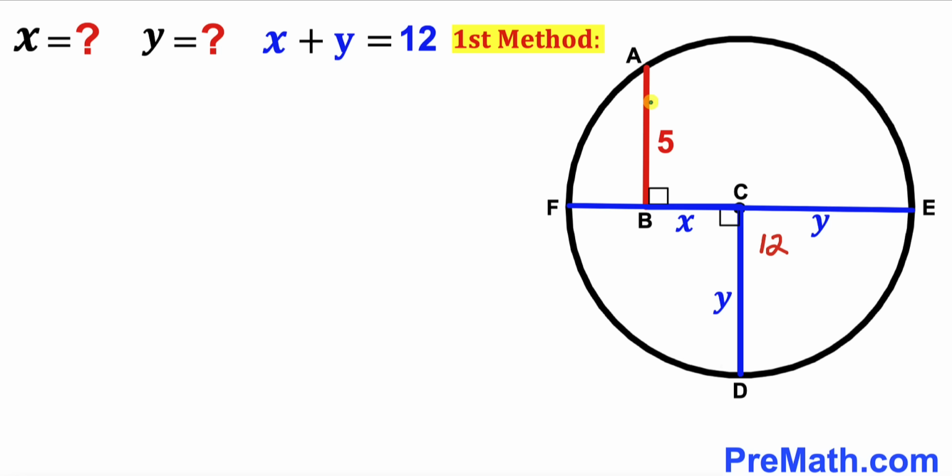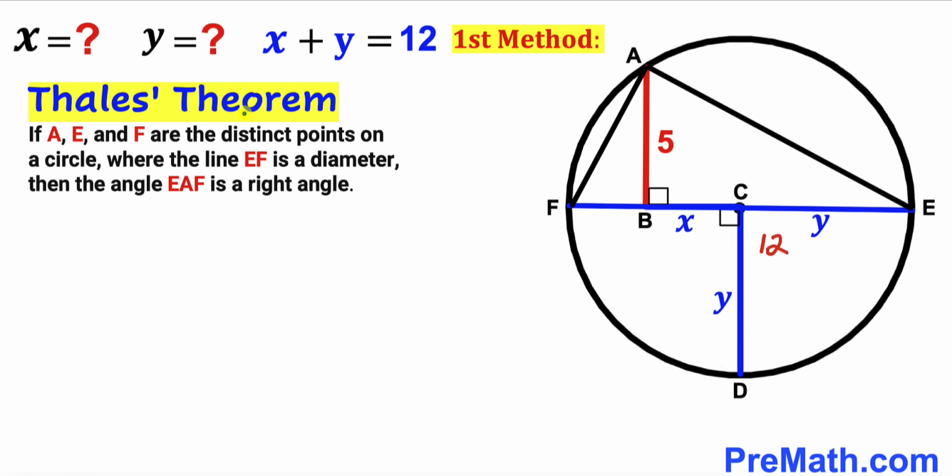Now in the next step, I am going to connect this vertex A with these points F and E. As you can see, I have connected these points, AE and AF. As a result, we end up with this triangle AFE. Now let's recall Thales' theorem.